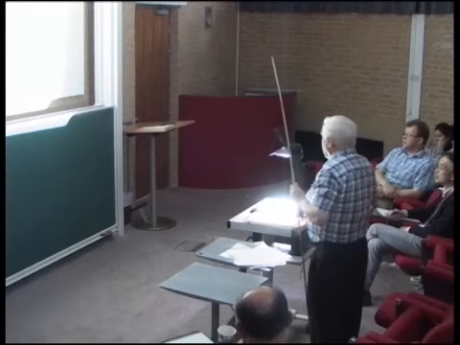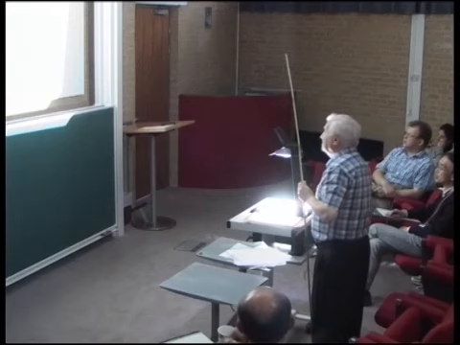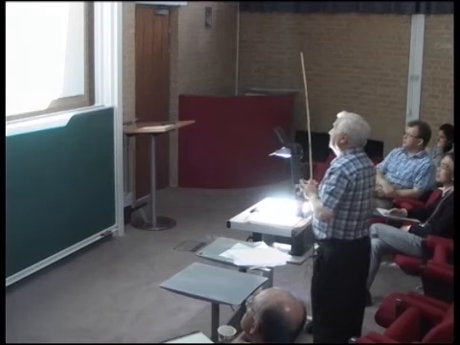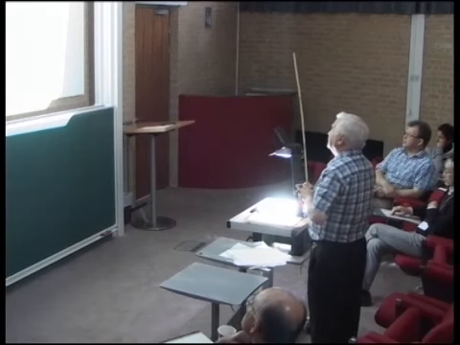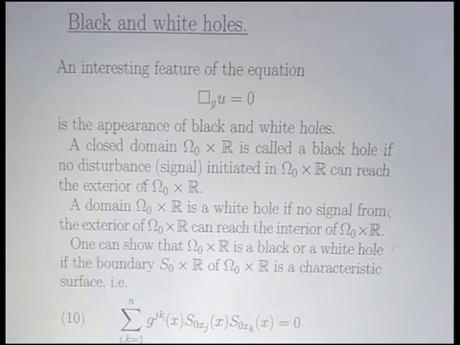Okay, so now I'm moving closer to the title of the talk, black and white holes. The feature of such equations, because of the mixed derivatives in time and x, is that you can have black or white holes. So what is the definition?